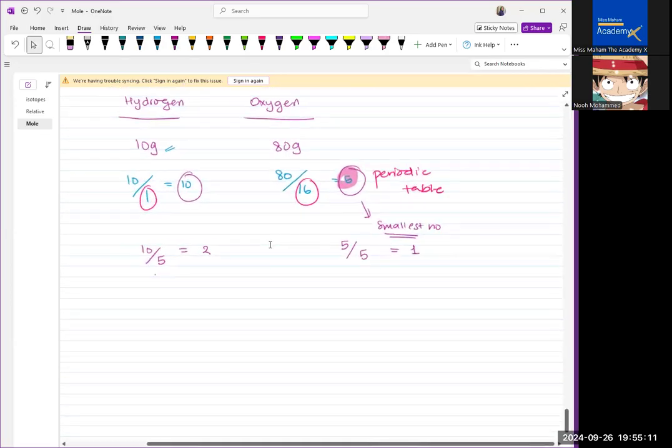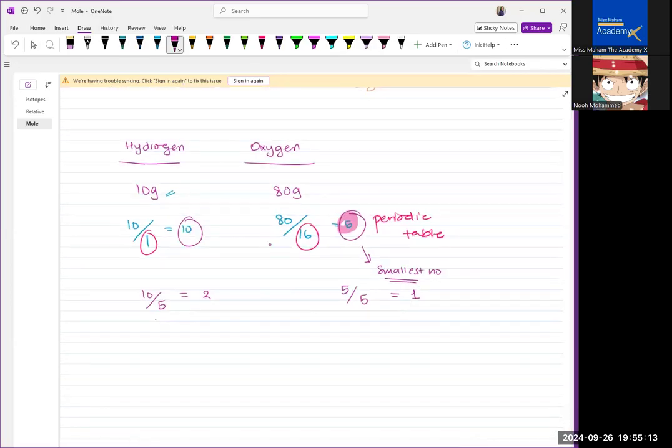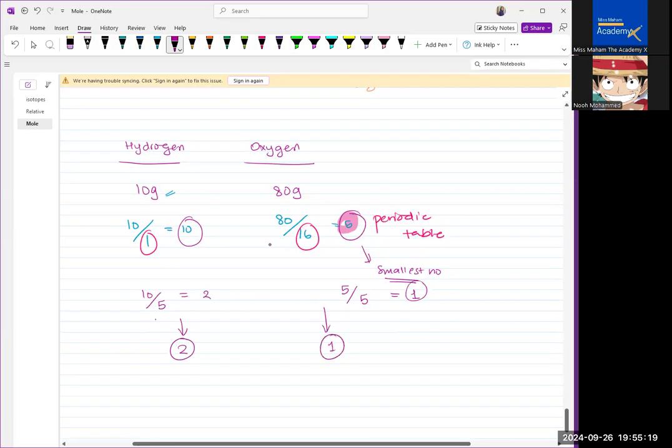So what's your empirical formula? In the hydrogen column we get a 2, and in the oxygen column we get 1. So your empirical formula is H2, and since oxygen is 1, we write O. This is your empirical formula.